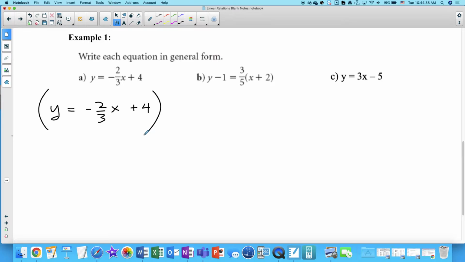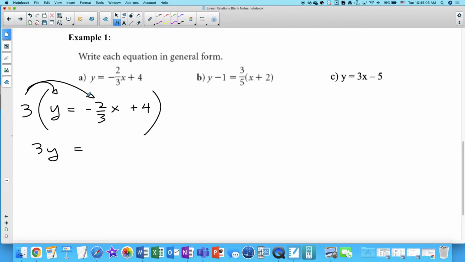Some people like to multiply the 3 by each term. Some people like to multiply on both sides. You can do that too. I almost treat this like an expansion. So if I multiply the whole thing by 3, then when I distribute, on the left side, I'm going to have 3y equals. When I multiply by 3 here, the 3's cancel.